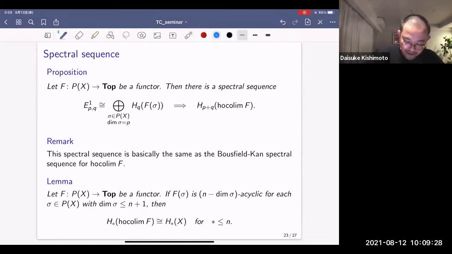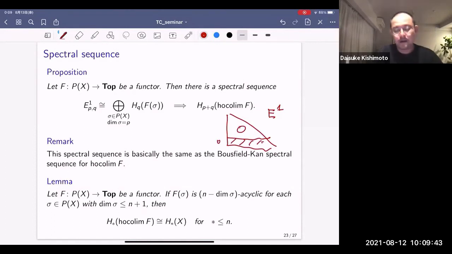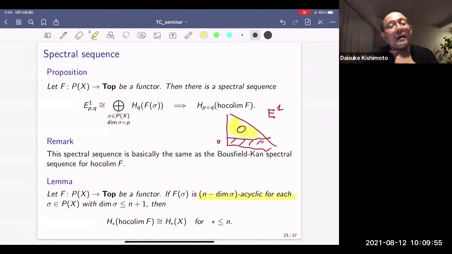This is very easy because in the E1 term of the spectral sequence, the assumption says that this part consists of only 0.